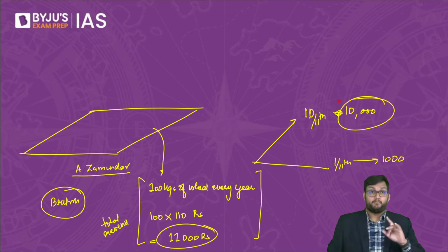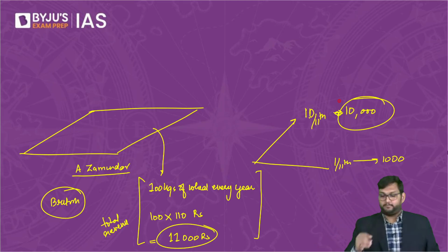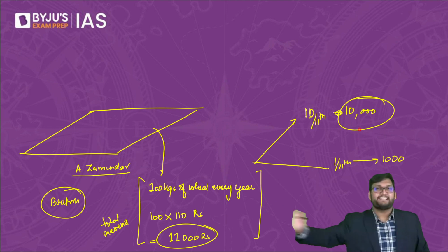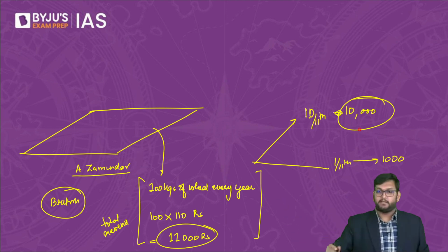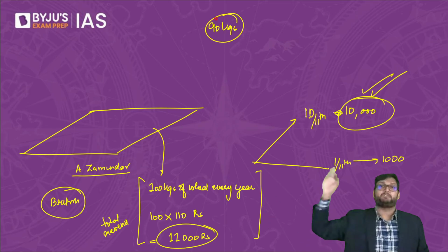Now, what is the problem in this system? You already know it. Does the yield remain the same every year? No. Now, irrespective of the yield, this will never change. So 1 year they produce 90 kgs, but still 10,000 needs to be given.